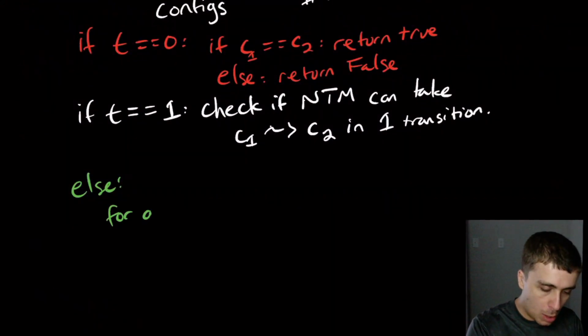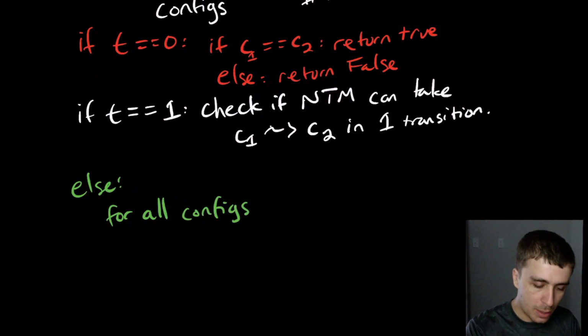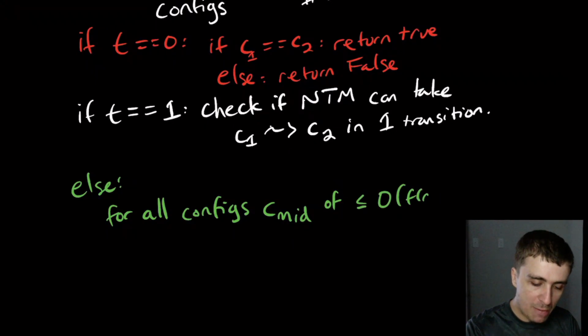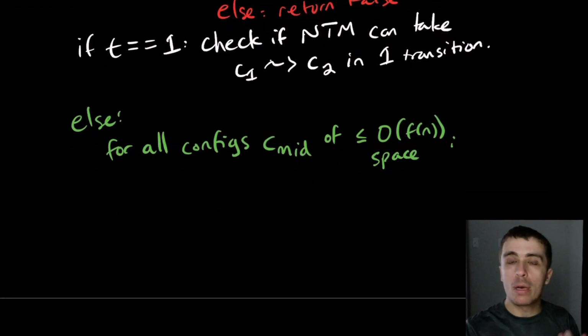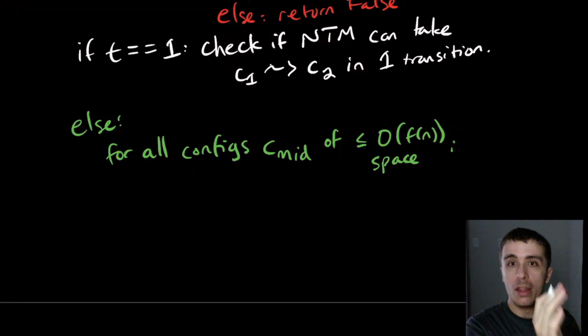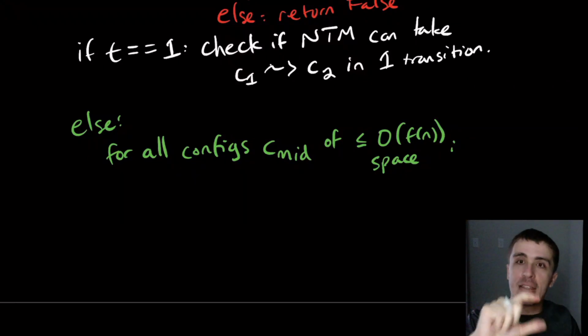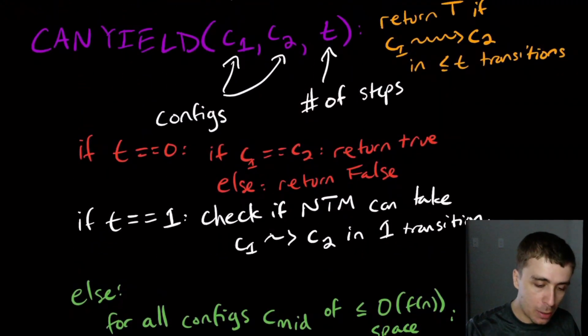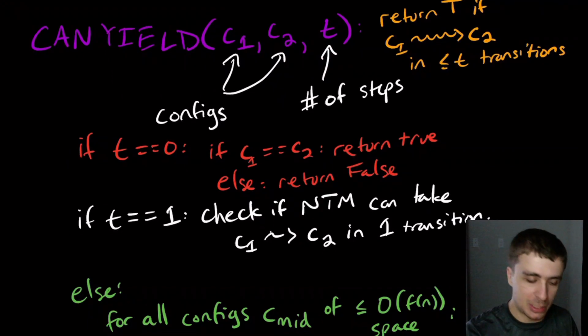So for all configurations, I'm going to call it C mid, of at most big O of f of n space. Then what we're going to do is to figure out, can C1 get to this middle one in half that budget of transitions? Can we get to there with T over 2 transitions?